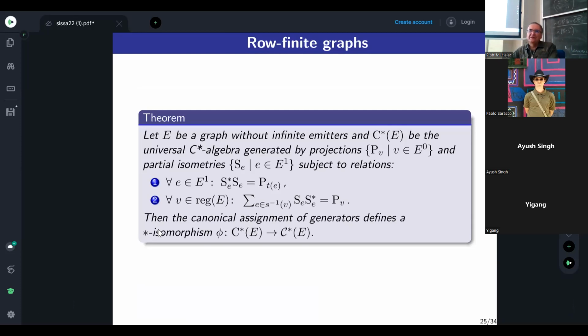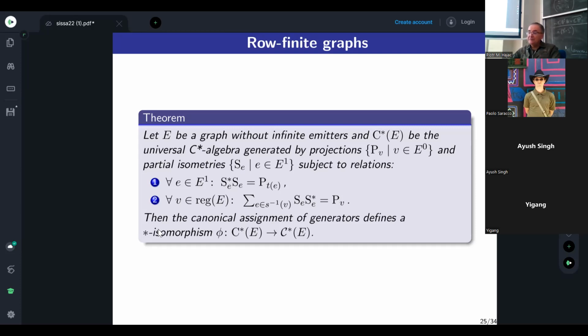But it's called only for so-called row finite graphs, which means graphs without infinite emitters. There are many interesting examples of such graph C-star algebras, but also, you know, it's very, very frequent that very, very natural examples are not row finite. So you cannot limit yourself just to row finite graphs. Yeah, that would kill half of non-primitive topology.